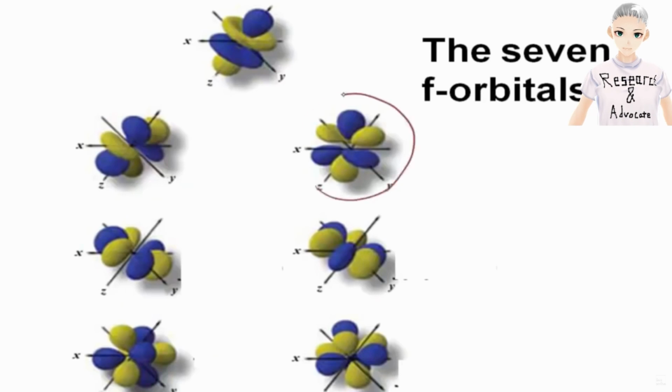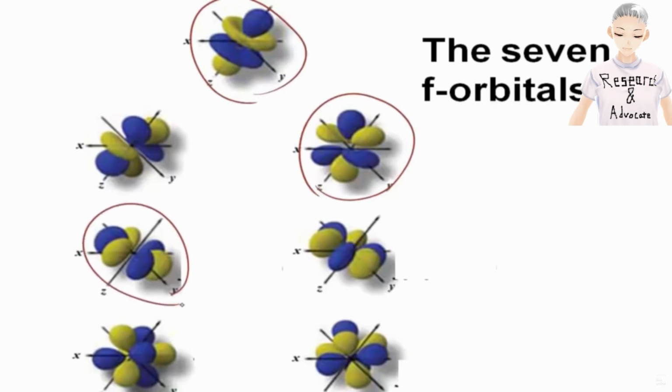Again, each one of these is a single orbital, and each one of them can have a maximum of 2 electrons. So the electrons can be anywhere inside these lobes 90% of the time. And if you track the electron long enough, you will start to see them describe these exact shapes.